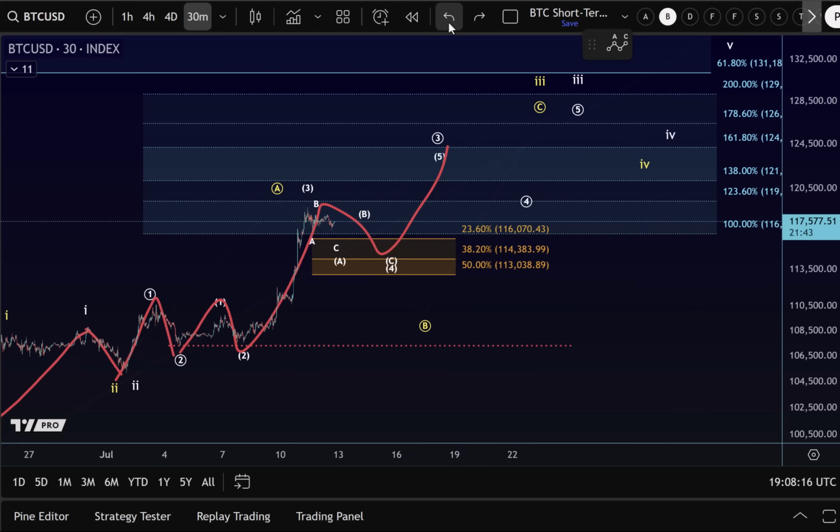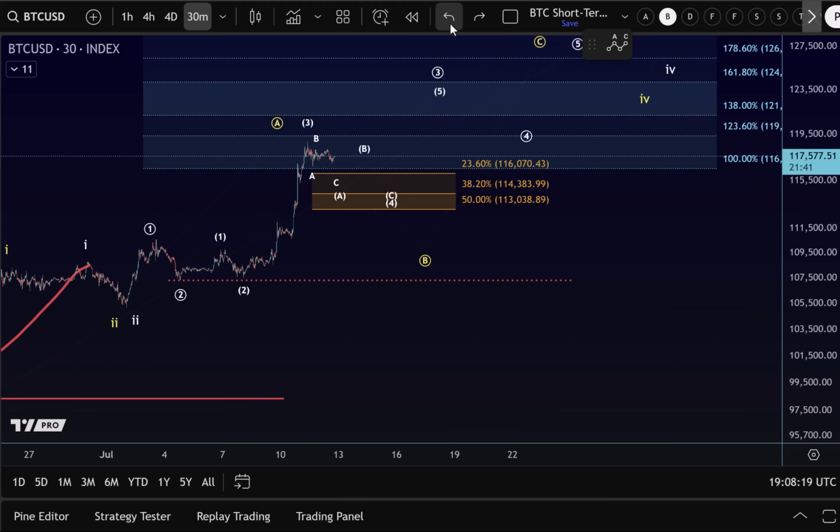Now, in such a scenario here, the price obviously could grind higher. It's important to hold the 113K level to keep this impulse alive. Now, if you follow my work for some time now, you know that a 3rd wave is typically the longest wave. So therefore, it makes sense to assume this is like a 1/3 of a 3rd wave, right?